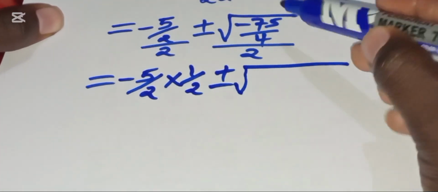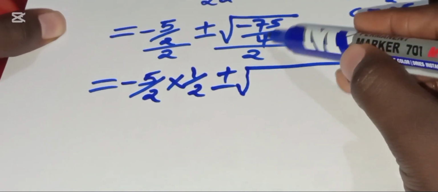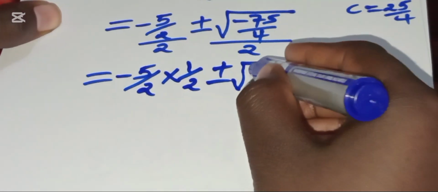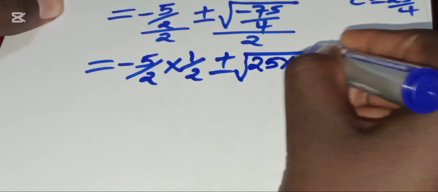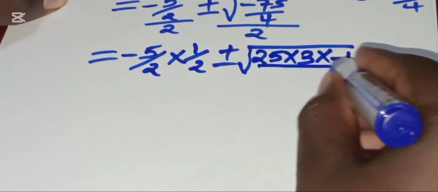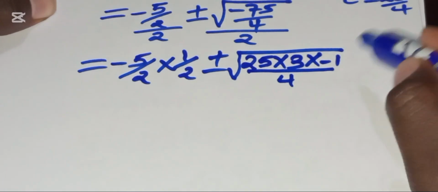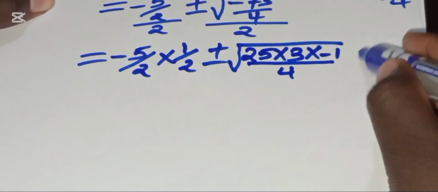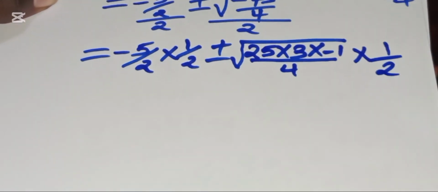Negative 75 can be expressed as 25 times 3 times negative 1 divided by 4, then we divide by 2, which we can just say times a half.